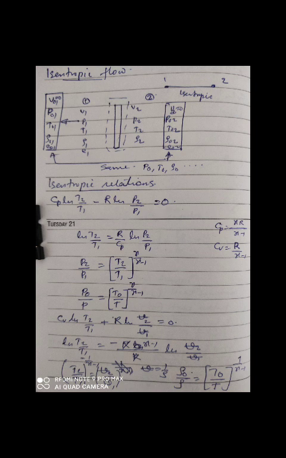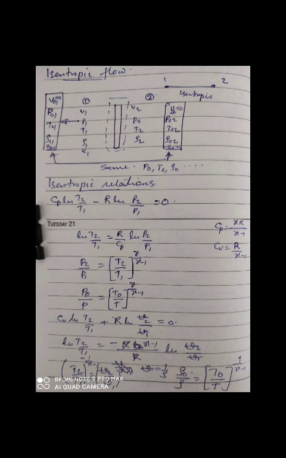Then we know that Cp is equal to gamma R by gamma minus 1, Cv is equal to R by gamma minus 1. Substituting the expression for Cp in this equation, we will get P2 by P1 is equal to T2 by T1 whole raised to gamma by gamma minus 1.